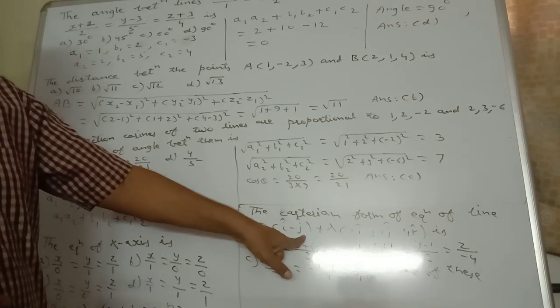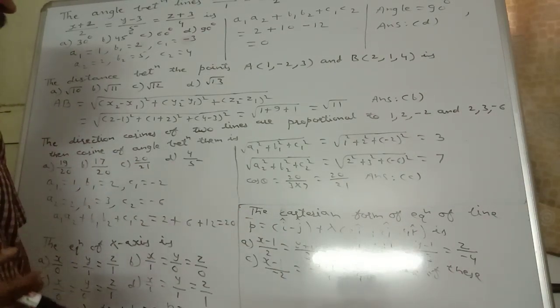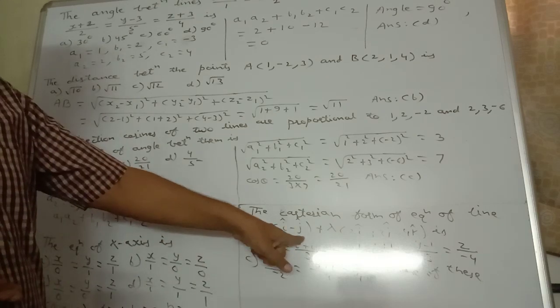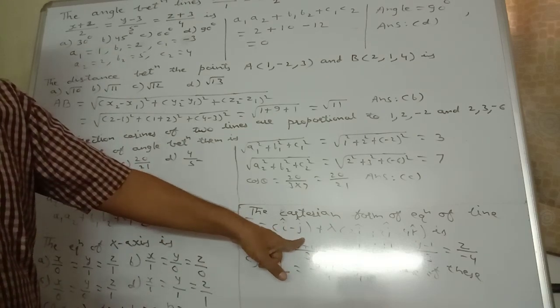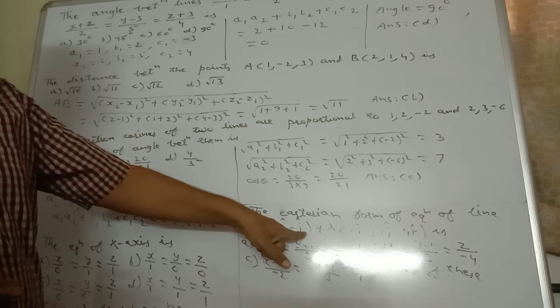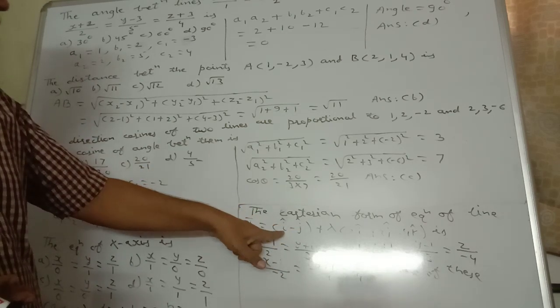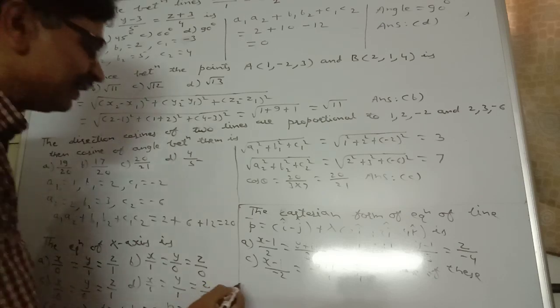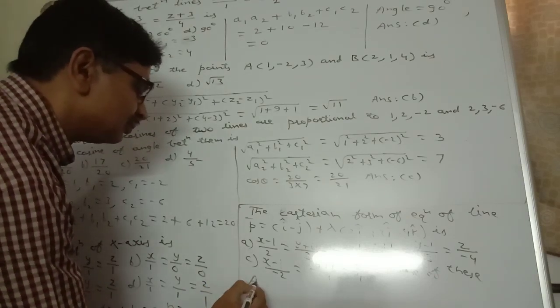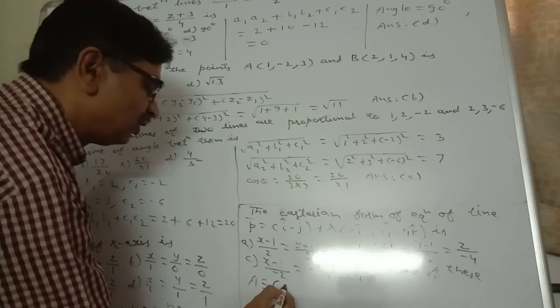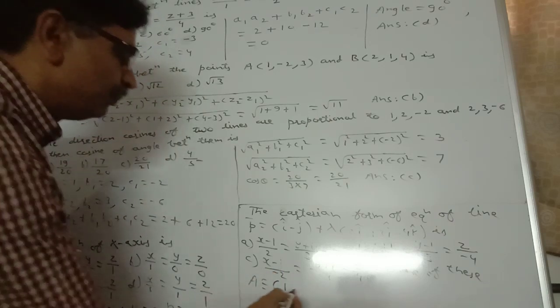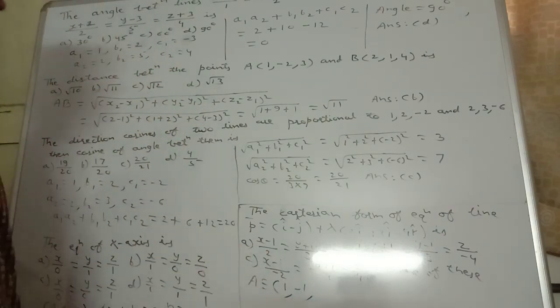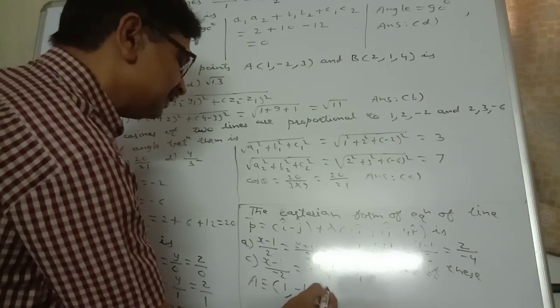In the first bracket, it is the position vector of a point which lies on the line. Then its coordinates are the coefficients of i, j, k. Coefficient of i is 1. Coefficient of j is minus 1. The term of k is absent, so the coefficient of k is 0.